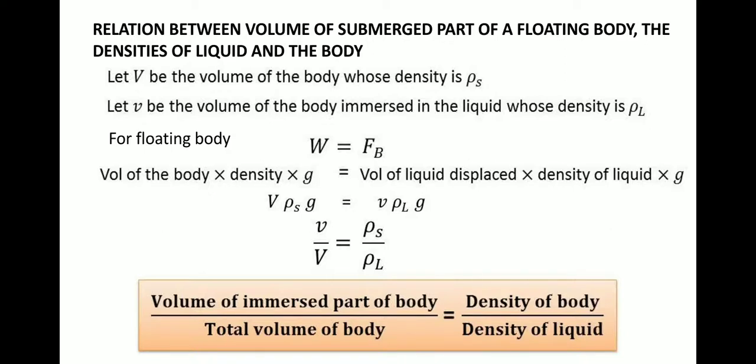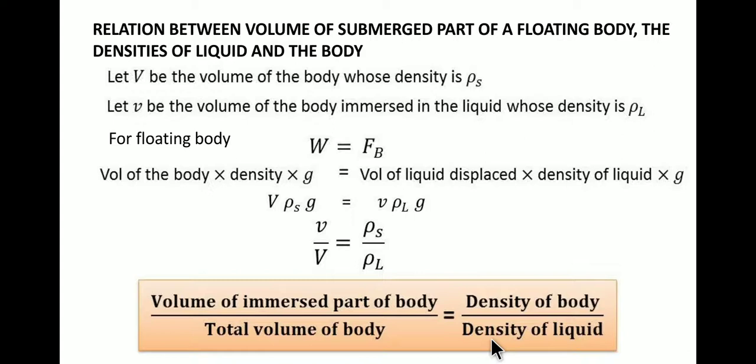So this is the relation between the volume of the submerged part and the volume of the entire body, the density of the body and the density of the liquid. This is the relation that these parameters hold.